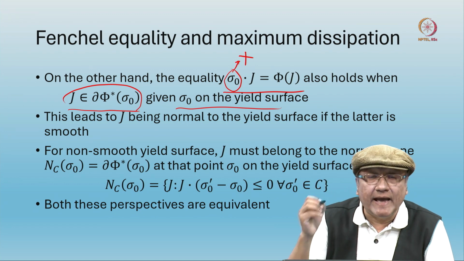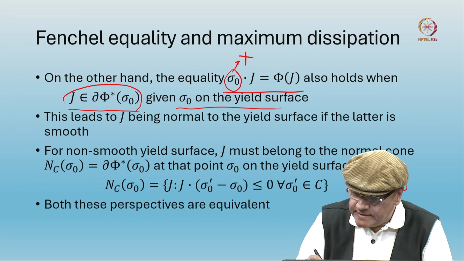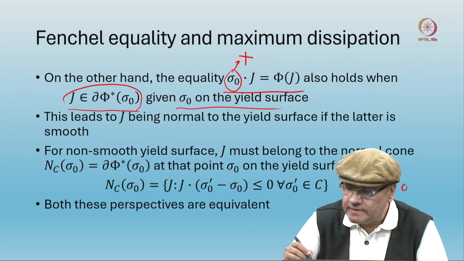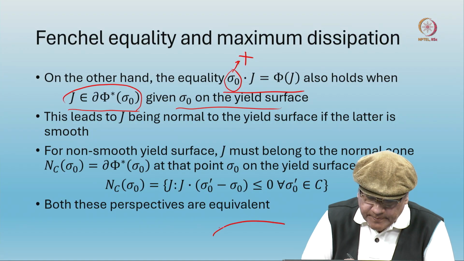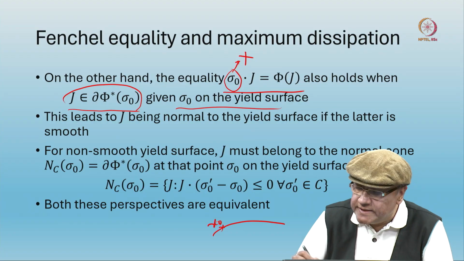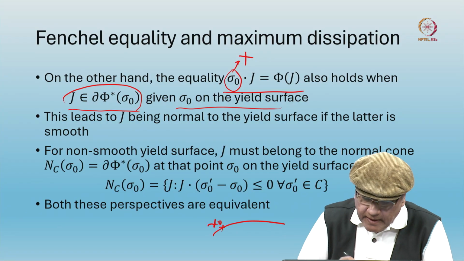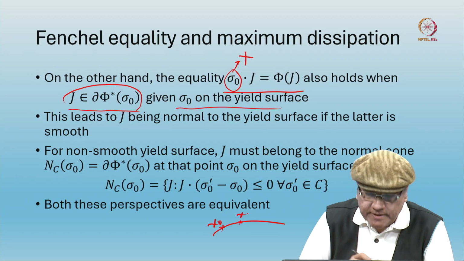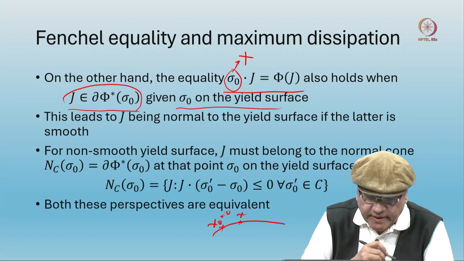We know that grad f(x)... let us say this is my surface, this is a point x0 on the surface. So f(x0) is 0 on the surface, right. So I can actually go to another nearby point x from x0.